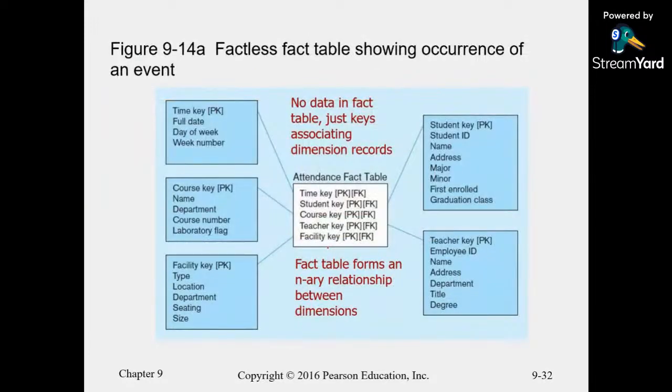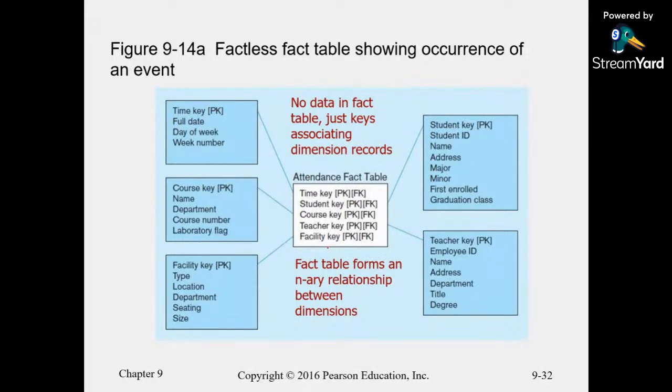So when you look at this, we have a factless fact table. The question is, why would you want a factless fact table? Generally, for the same reason you want to associate entities: to maintain relations between dimension tables. Here we see the use of an attendance fact table containing nothing but foreign keys.